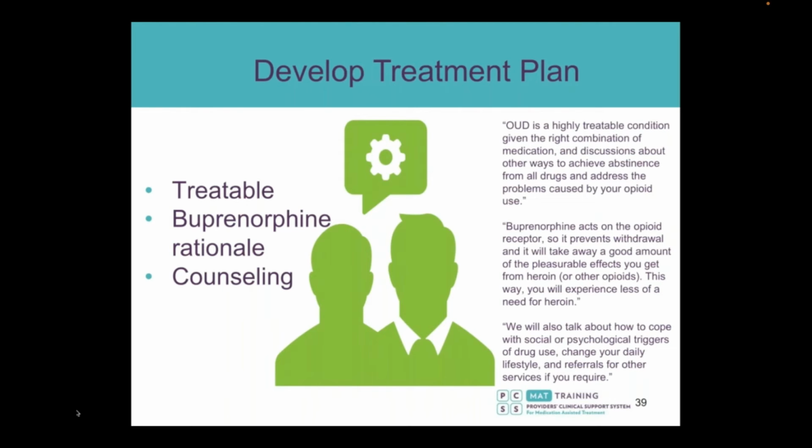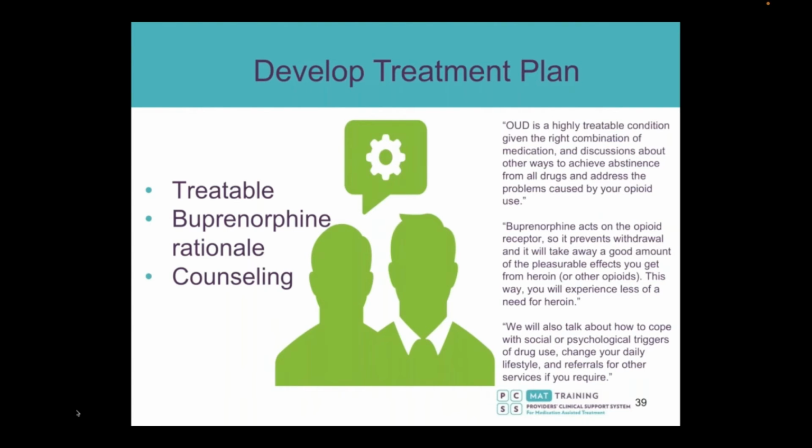You can explain how buprenorphine works, how it acts on opioid receptors to prevent withdrawal, and that taken in a reliable manner, in a therapeutic way, at a therapeutic dose, the person will experience much, much less, if any, of a need for heroin, fentanyl, or whatever opioid they currently use.